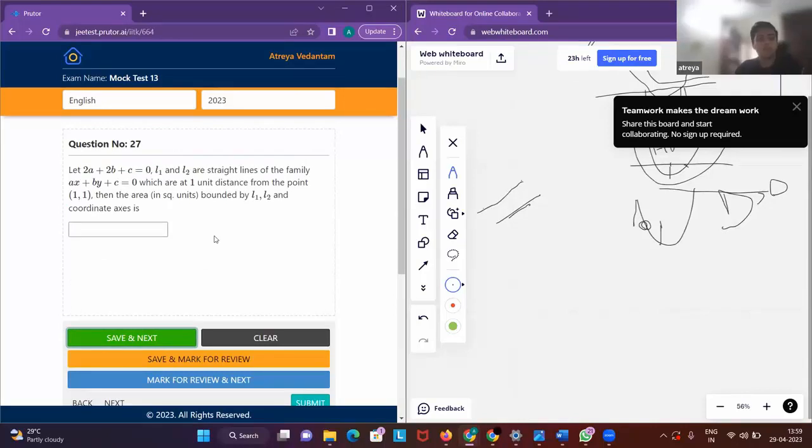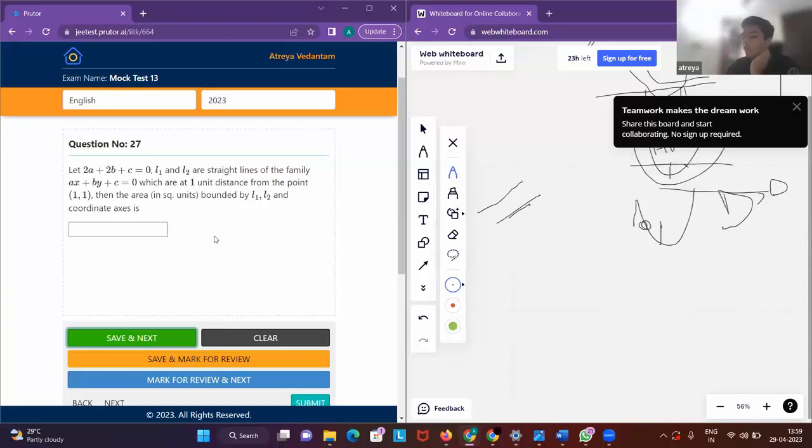2a plus 2b plus c is 0. L1 and L2 are straight lines of the family, which are at unit distance from the point (1, 1). Then what is the area bounded by L1, L2 and the coordinate axes? Well, again, using a similar concept, 2a plus 2b plus c is 0 corresponds to the fact that ax plus by plus c always passes through the fixed point (2, 2). And we need 2 lines which, in addition to this constraint, also satisfy the constraint of being at unit distance from the point (1, 1).